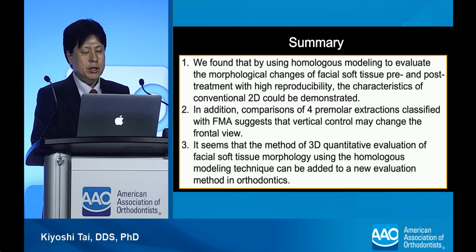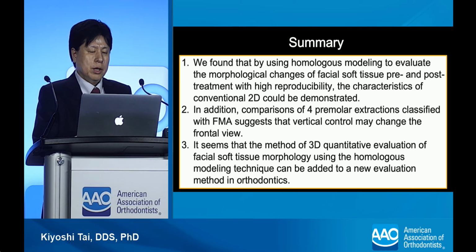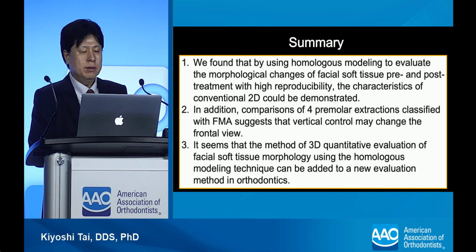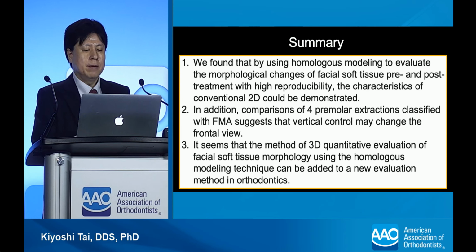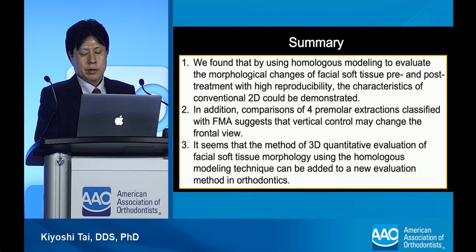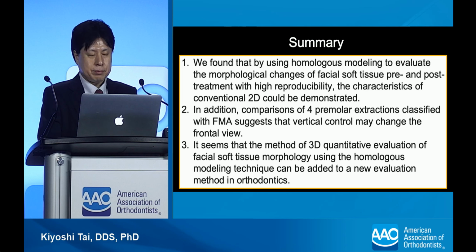Number two, in addition, comparison of the four premolar extraction cases classified with the FMA suggests that vertical control may change the frontal view. Number three, it seems that the method of 3D quantitative evaluation of facial soft tissue morphology using the homologous modeling technique can be added as a new evaluation method in orthodontics.